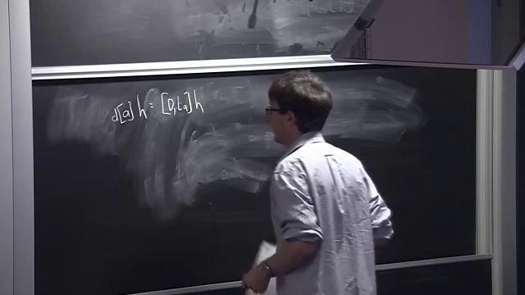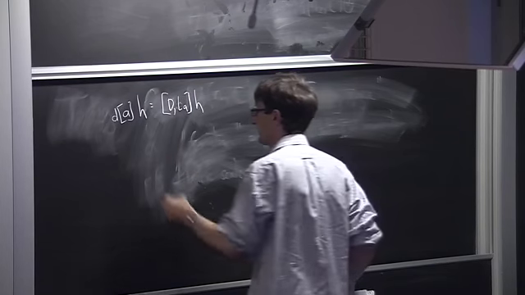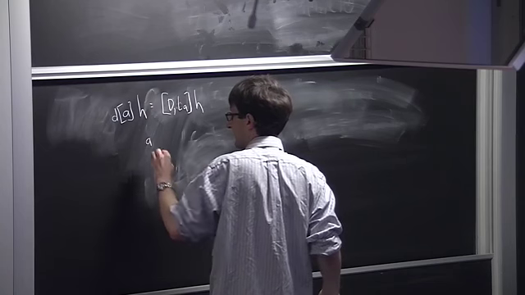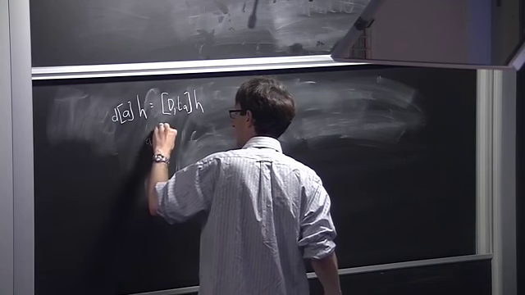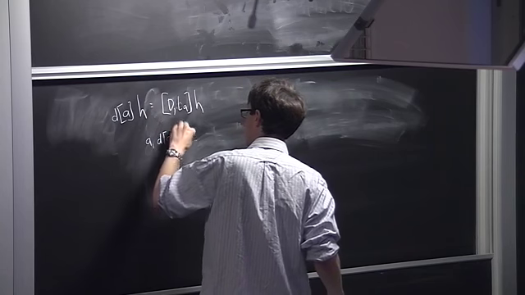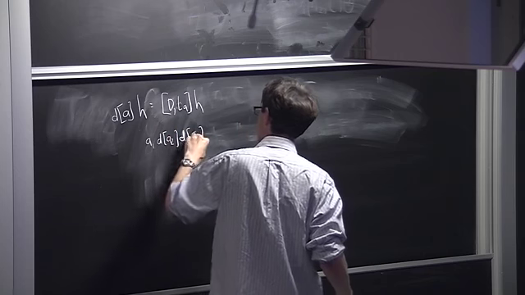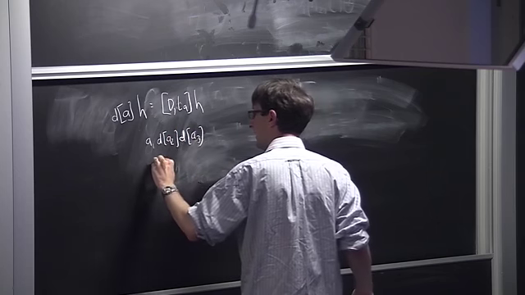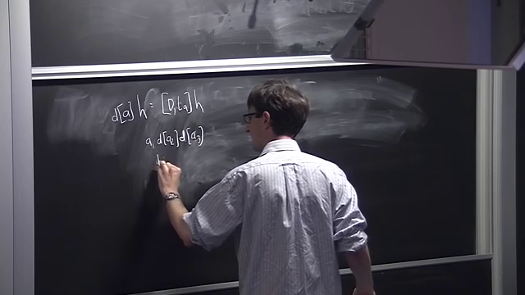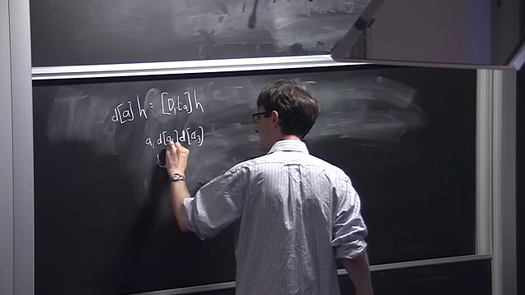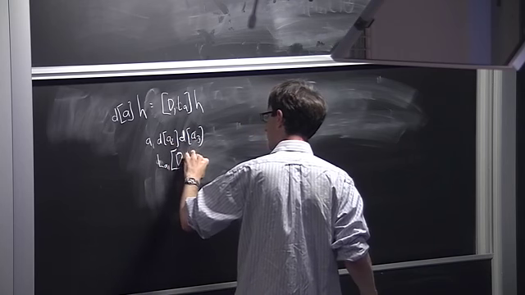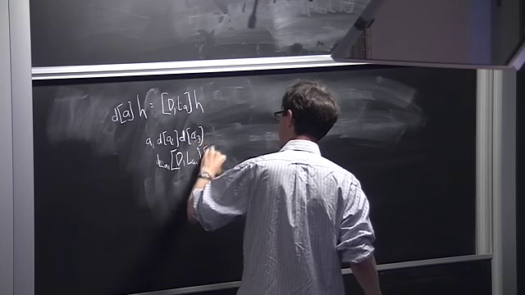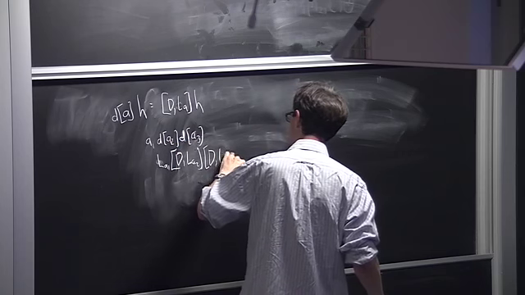Then if you had a two form, let's say A1 dA2 dA3, in the associative case that would just be represented by the matrix of the left action of A1, times the commutator of D with LA2, times the commutator of D with LA3.